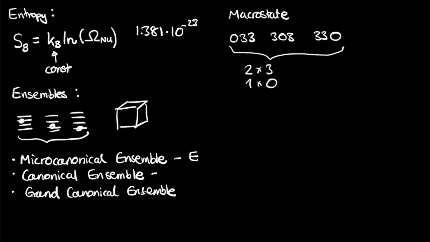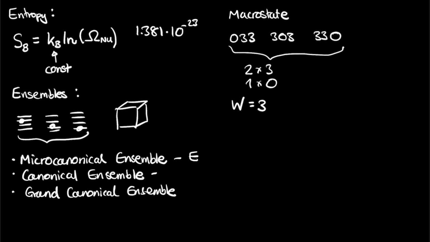It's a little bit harder to write than the microstate. But that is the macrostate. We tend to give the macrostate multiplicity the symbol W, and in this case, W is simply equal to 3. It's not the number of macrostates in total, it's the number of microstates per macrostate.